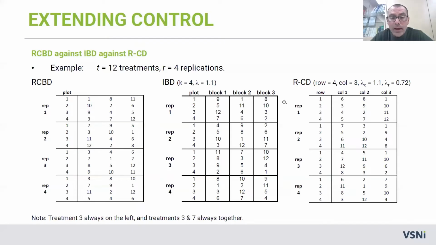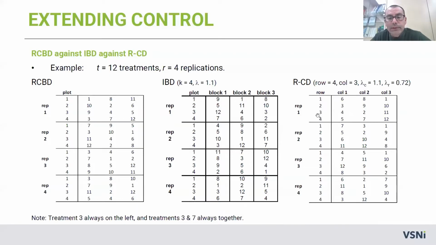And then we have the row column design, sometimes just called RC. By the way, this lambda here represents the number of times that every pair of treatments occurs together. So in this case, it's not a balanced incomplete block design. The majority of the pairs of treatments occur together once. There are a few that you will find occur 2 times together.